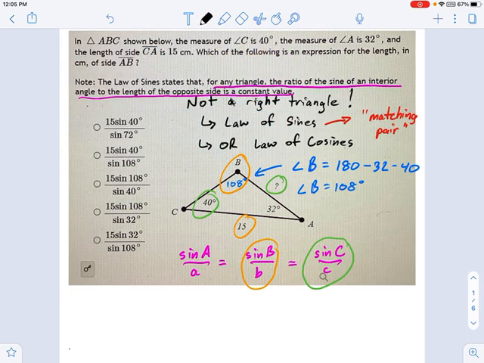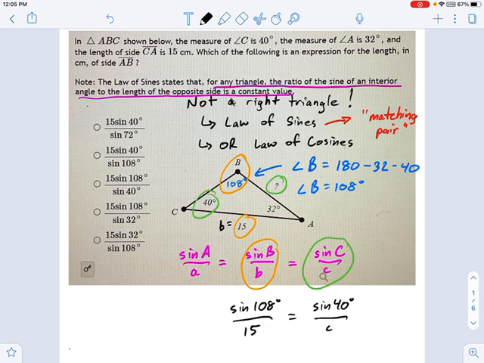Let's write it all out. This is going to be sine of 108 degrees divided by 15, right? That's little b right there. Remember, the little letter always goes across from the big letter opposite it. And then sine of C, angle C, that's sine of 40 degrees divided by little c. Well, I don't know what little c is.